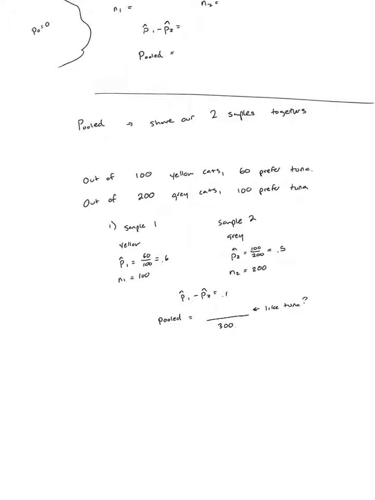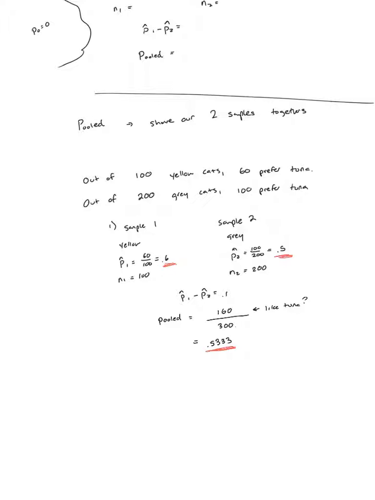I have 300 cats, and out of those 300, 160 of them prefer tuna. So my pooled proportion here would be 160 over 300, or 0.5333.